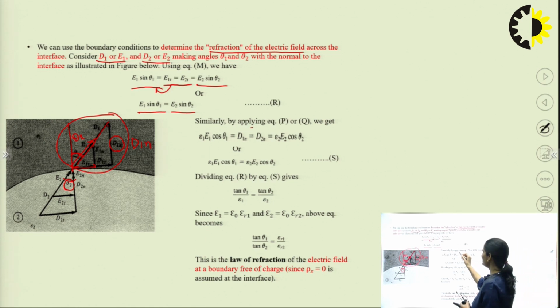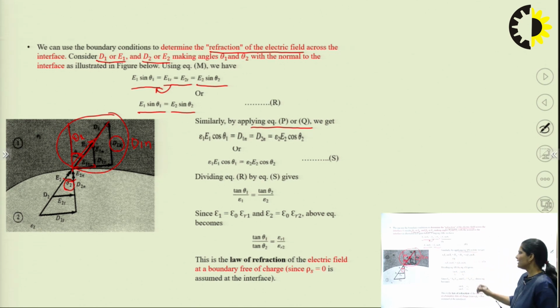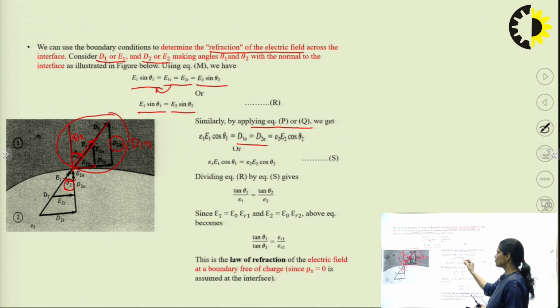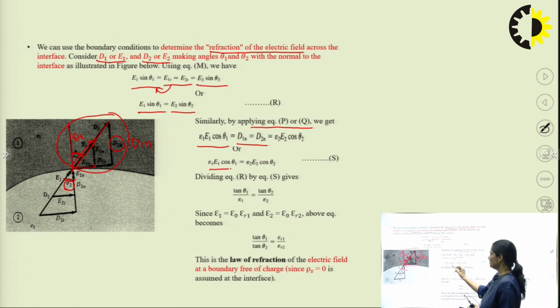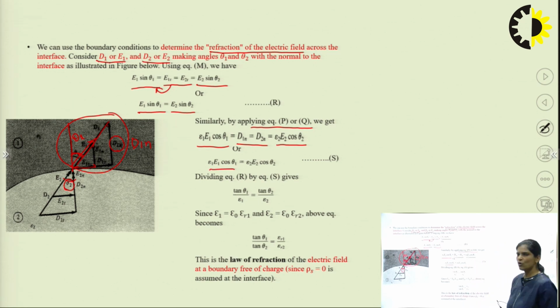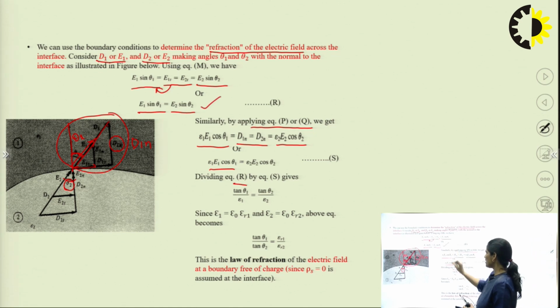And by applying equations P and Q, you will get epsilon 1 E1 cos theta 1, since D1n is equal to D2n. So you can write the value of D1n is equal to what? Epsilon 1 E1 cos theta 1 and epsilon 2 E2 cos theta 2. Now divide equation R by equation S, then you will get tan theta 1 upon epsilon 1 is equal to tan theta 2 upon epsilon 2.